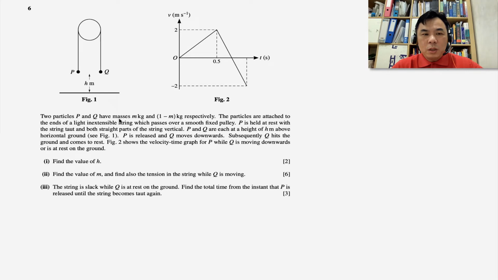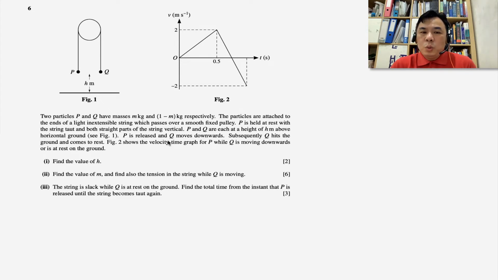The particles are attached to the ends of a light inextensible string, which passes over a smooth fixed pulley. P is held at rest with the string taut and both straight parts of the string vertical. P and Q are each at a height h from the ground. P is released and Q moves downwards. Subsequently, Q hits the ground and comes to rest.